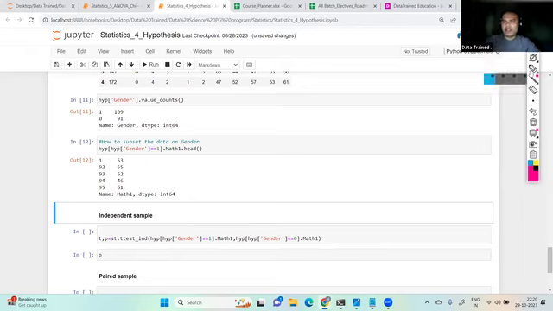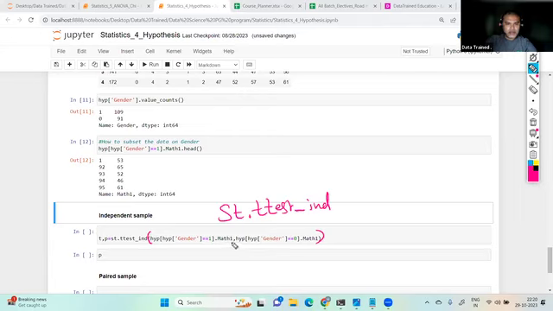So how are we going to test this? We already imported scipy.stats. Which test are we conducting? ttest underscore, which sample T test? Independent sample T test, IND. In the parenthesis, male students, comma, female students, maths one score.